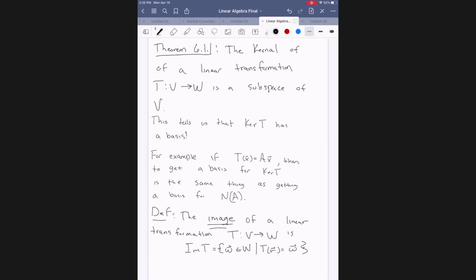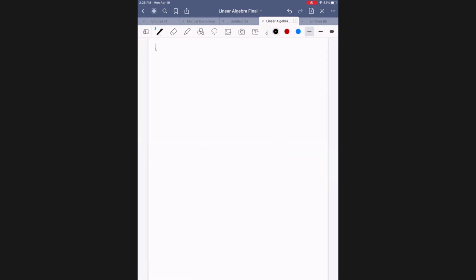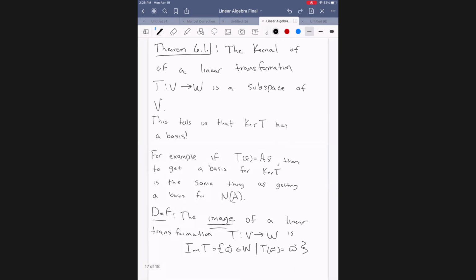So it also turns out, 6.1.2, that the image of a linear transformation T from V to W is also a subspace, which means it also has a basis.